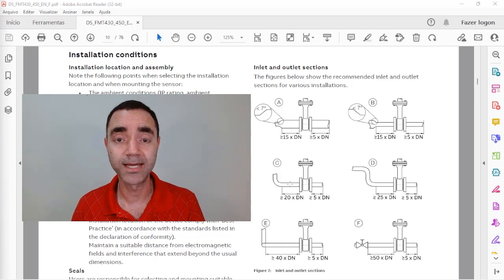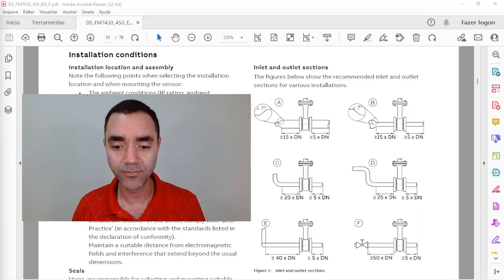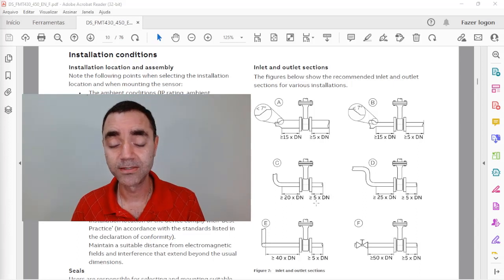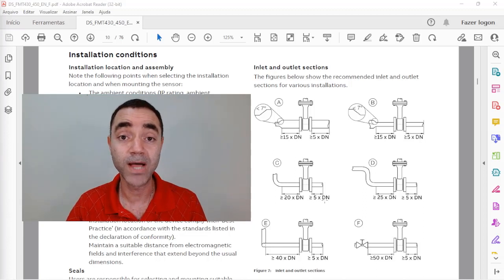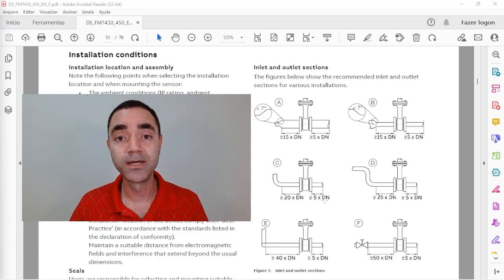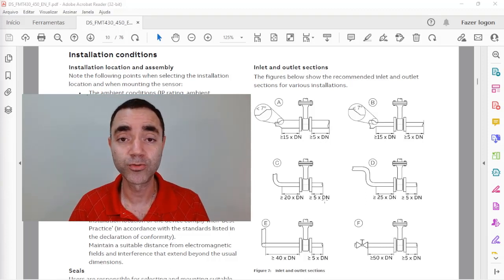We verify the catalogs of the suppliers and we see how to match the specifications or the requirements of the instrument. And this kind of information here, 20 nominal diameters upstream and 5 nominal diameters downstream of the equipment, we add to the piping instrumentation diagram, because the pipe engineer or the pipe designer will not look for this information in the instrument catalog.